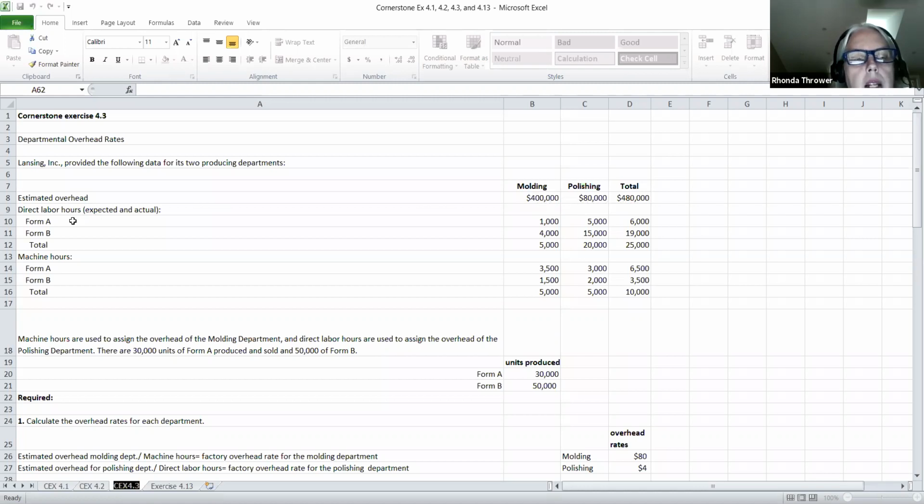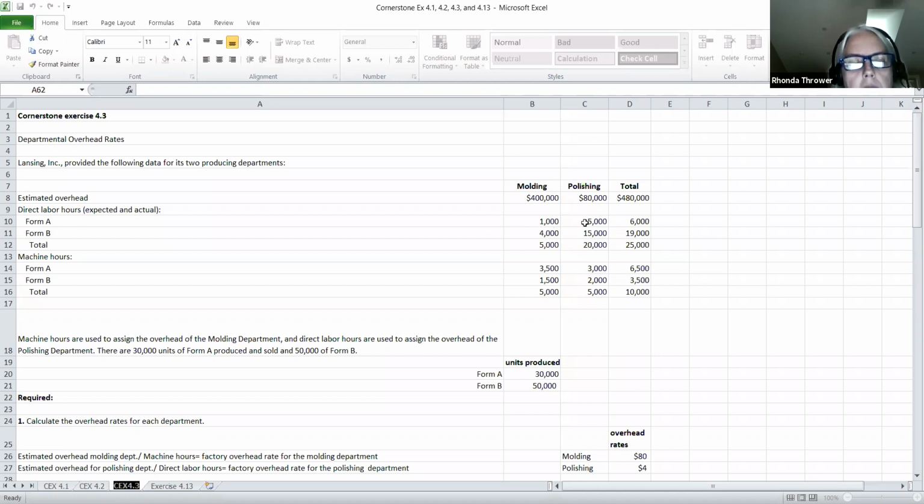The direct labor hours are given to you. These are expected and actual. For Form A in the molding department, there were 1,000 direct labor hours.